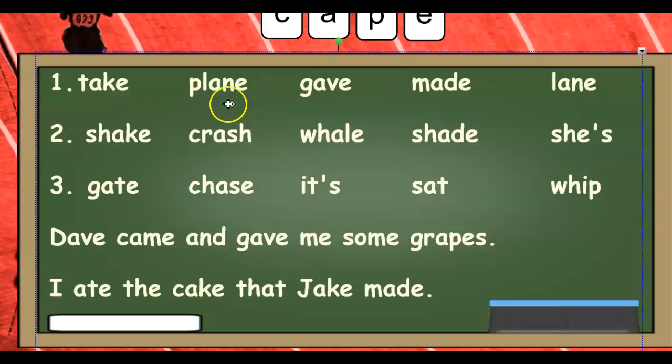Plain. What is the word? Plain. G-ave. G-ave. What is the word? Gave.